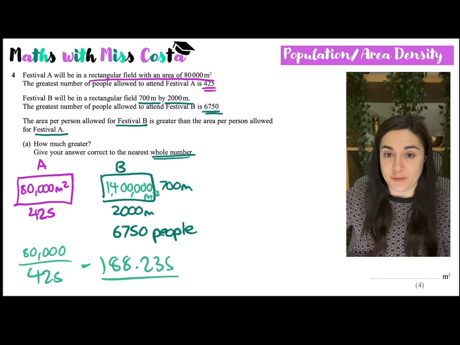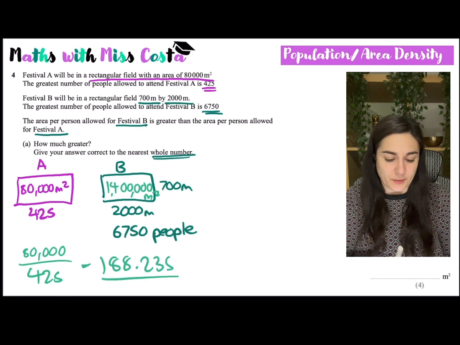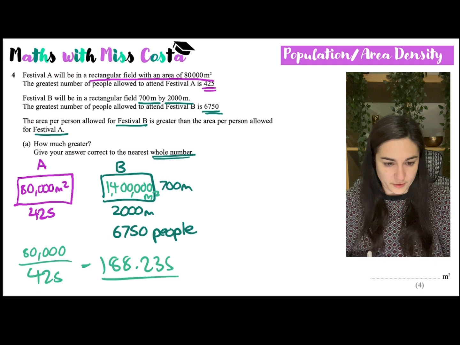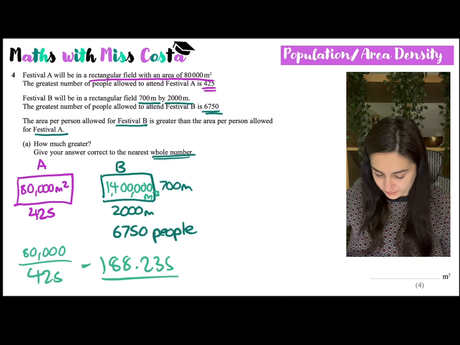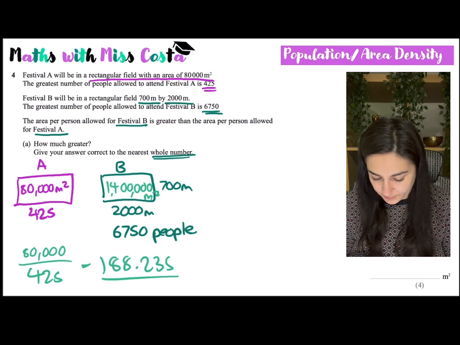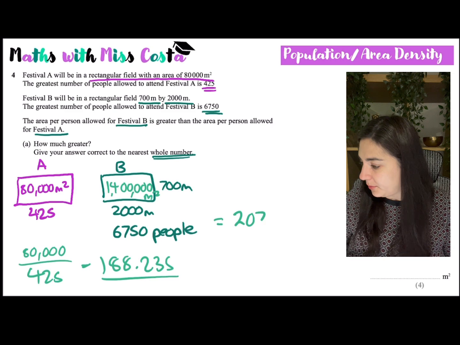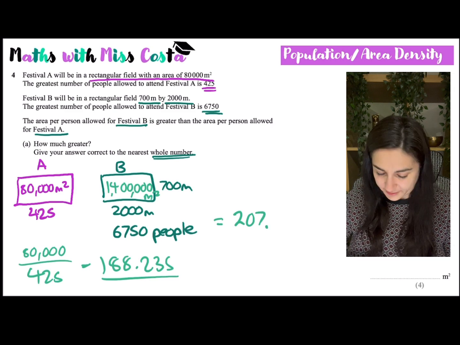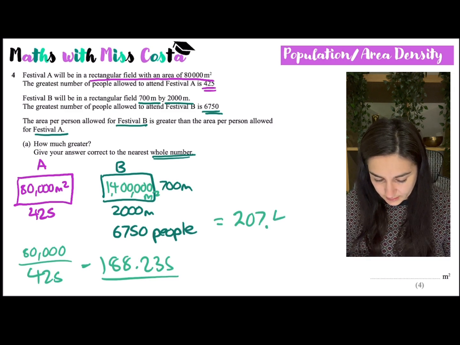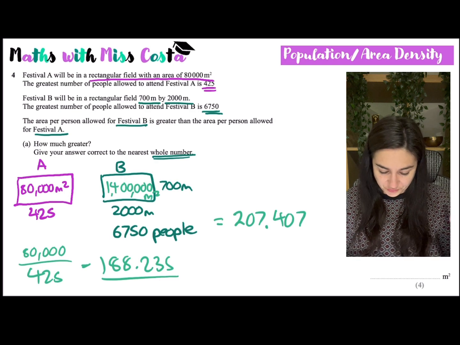And then I do the same for festival B. 1,400,000 divided by 6,750 is 207.407.